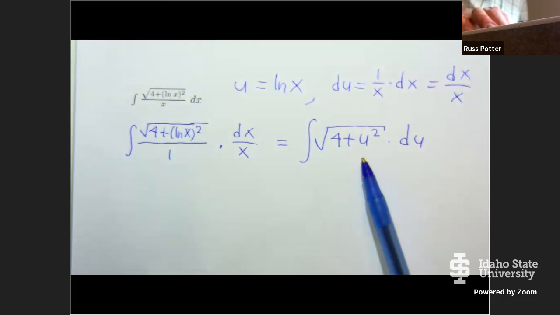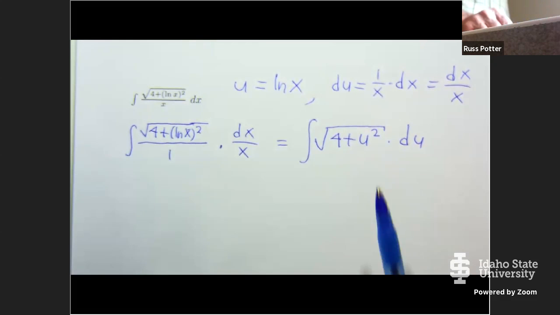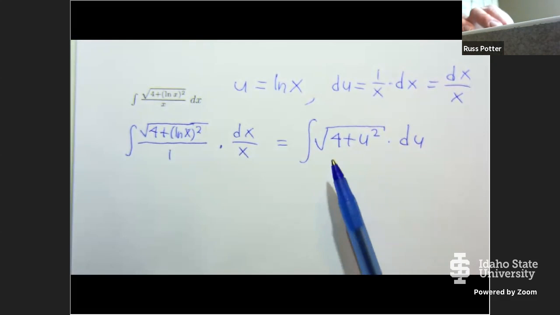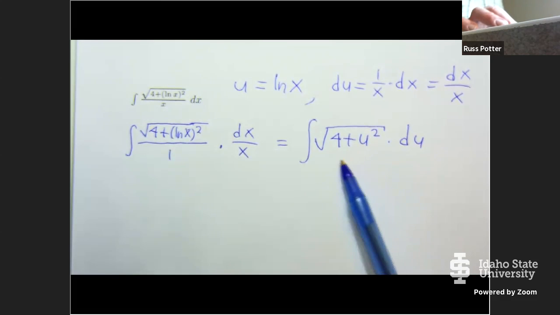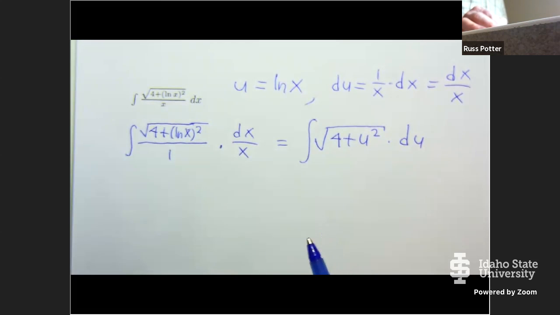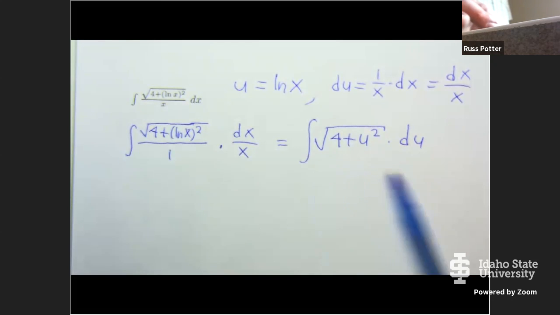We know how to evaluate this without using the table of integrals. What would we do if we didn't want to use a table of integrals? Or you can use a table of integrals. I think we covered this last week when we did the a squared plus x squared, and then take the square root of that.